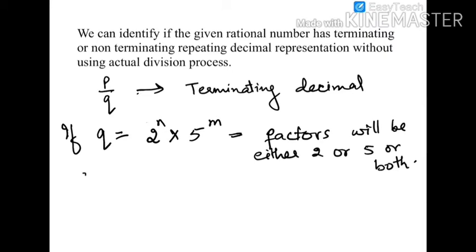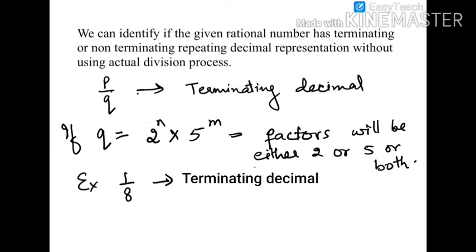For example, 1/8 will be terminating. Clearly, the denominator can be written as 2 into 2 into 2. So it satisfies this condition, and therefore it will be terminating. But if my number is 5/6, then 6 is 2 into 3.